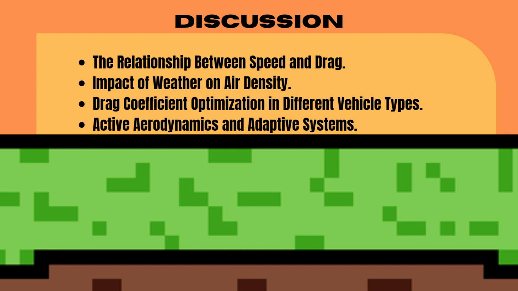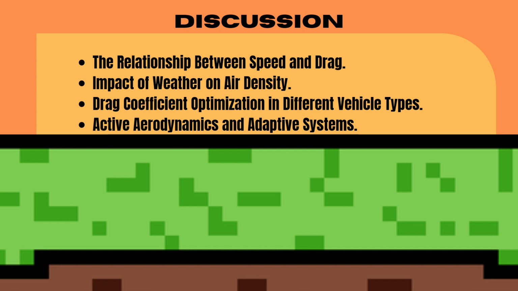But this lower density also means there's less oxygen, which can slightly affect engine performance in internal combustion vehicles. They also have cold weather, which results in denser air, which increases drag. For cars, this might mean using more fuel in the winter due to increased drag and potentially additional mechanical resistance from colder fluid and parts.